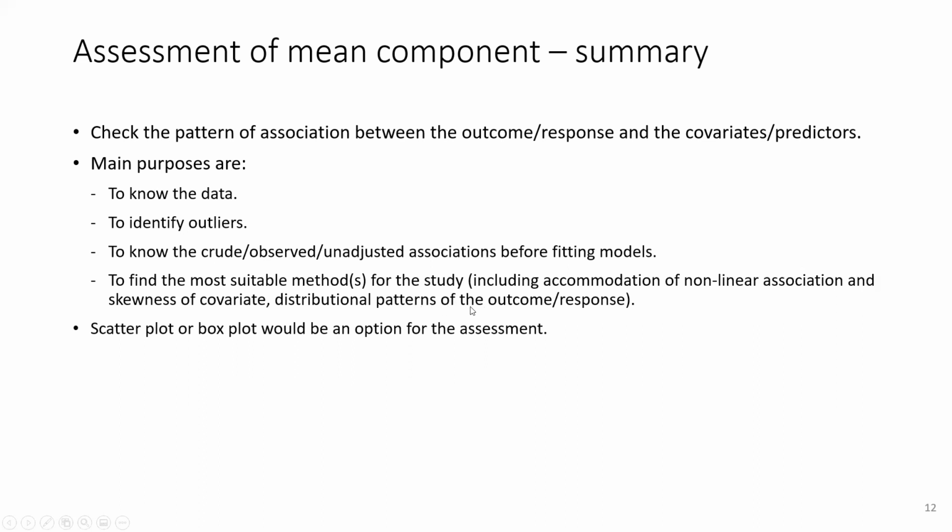This one I forgot to touch on that much, but when we look at the BMI distribution, BMI tends to be skewed a little bit, and we see higher values as compared to lower values. And usually a scatter plot or box plot would be an option for this assessment. But I think you understand that this is very similar to what we do for regular regression analysis.